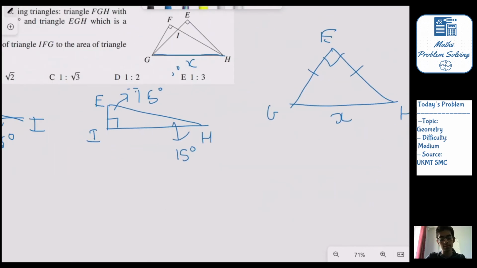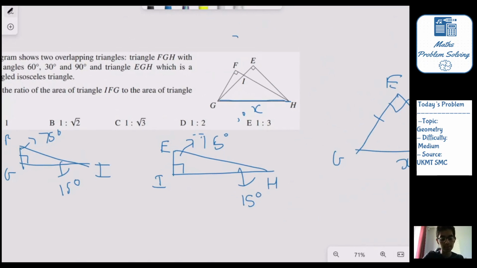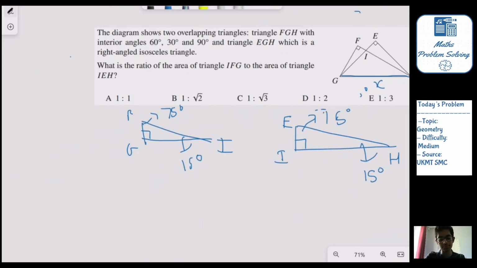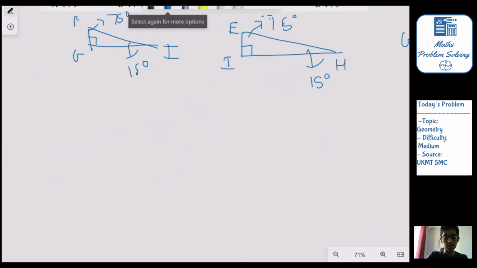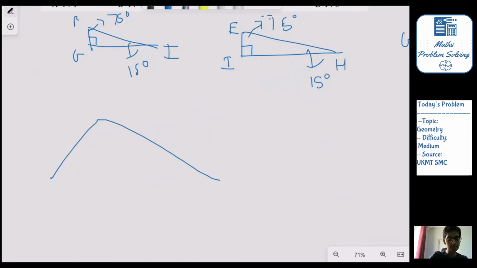Now, if we use a similar thing to work out what FG is, we'll be able to know two of the side lengths within our triangles. So let's just draw in this triangle, with 90 degrees, 60 degrees, and 30 degrees.